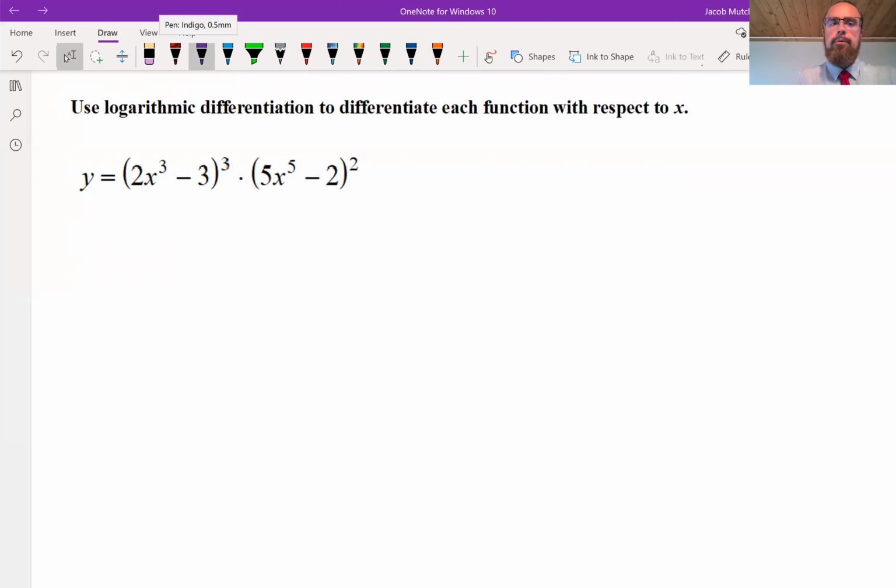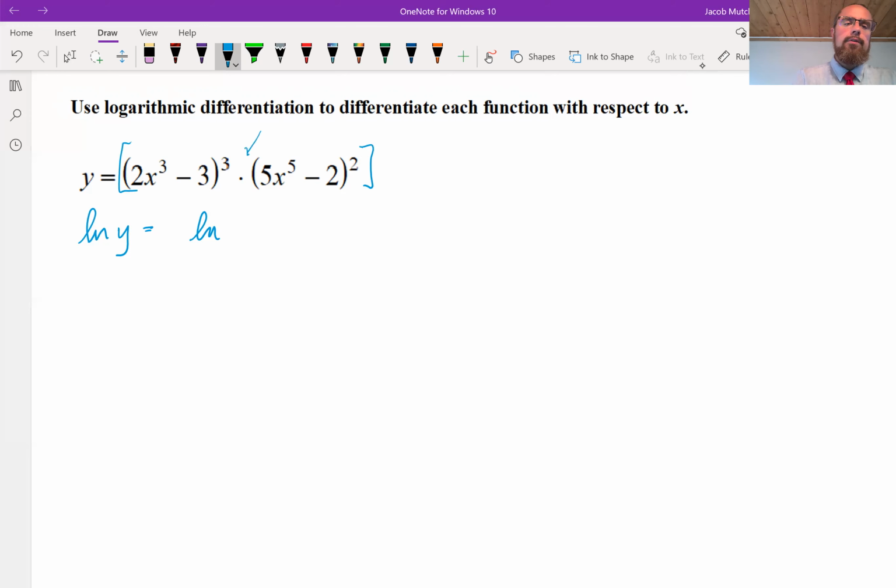Our first step, recall, is to take the natural logarithm of both sides. So we'll do that first. The natural logarithm of y equals the natural logarithm of this right-hand side. So I'm going to put a bracket over it, and I notice a few things.